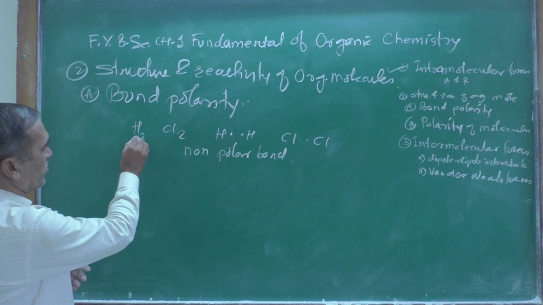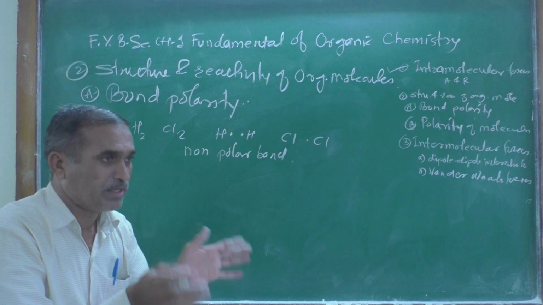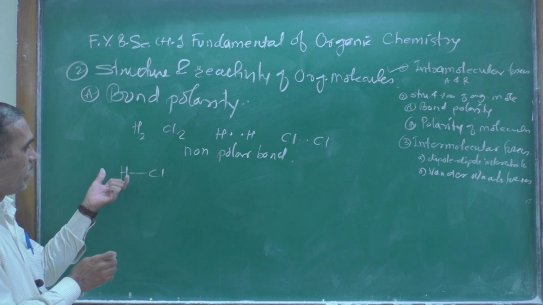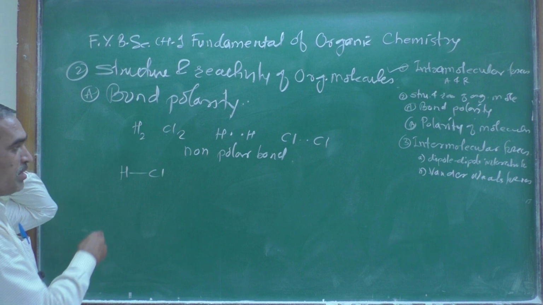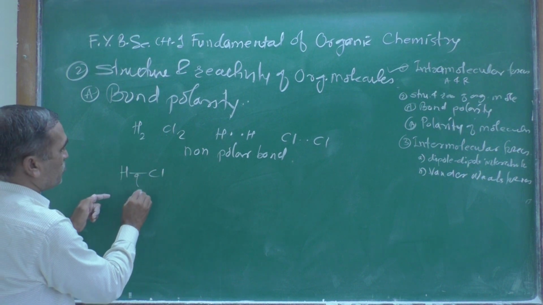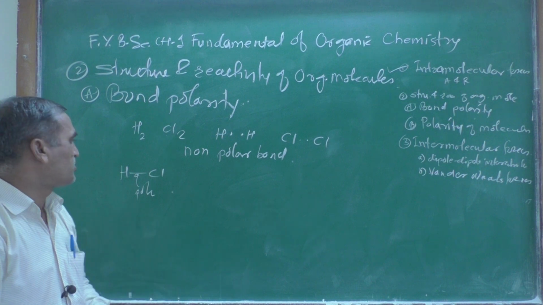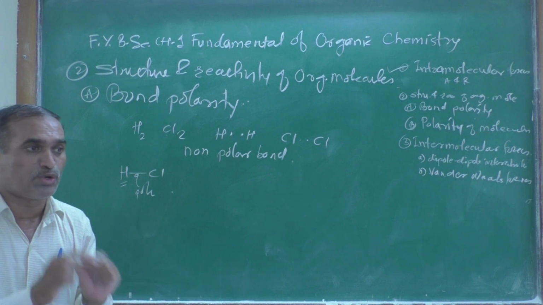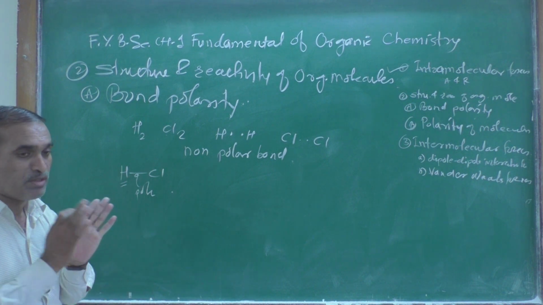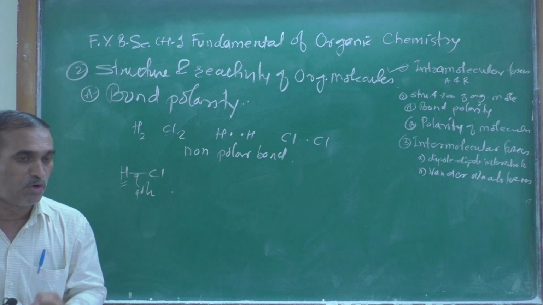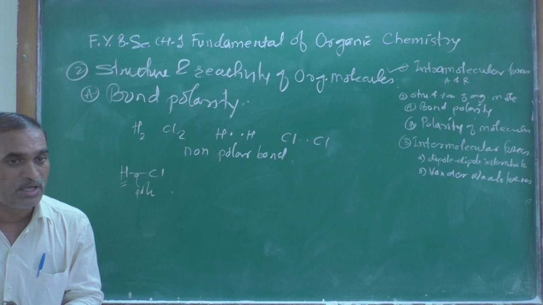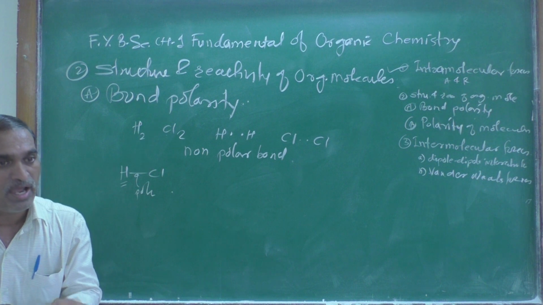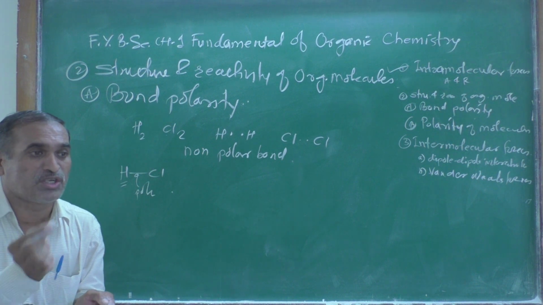But suppose a hydrogen atom reacts with a chlorine atom, so HCl is formed. Now look here clearly, this molecule forms a bond, and this bond becomes polar in nature. Why? Because hydrogen is less electronegative and chlorine is more electronegative. Chlorine pulls the electron density from the hydrogen atom and gets a partial negative charge.